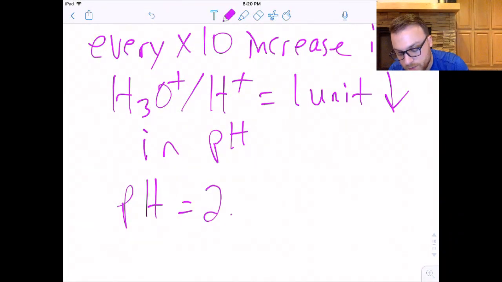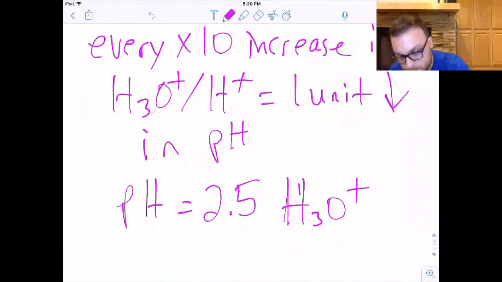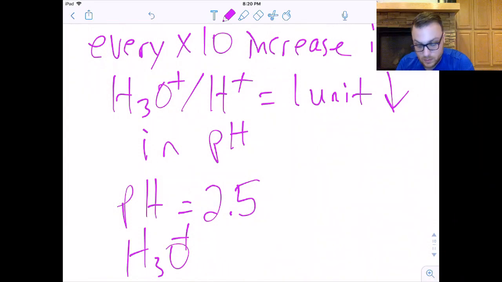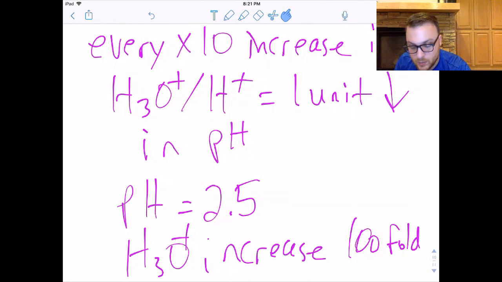They'll usually word it like this: H3O plus increases 100-fold.